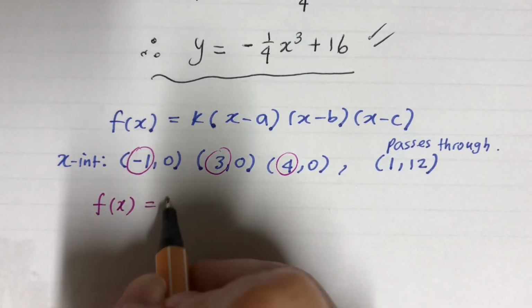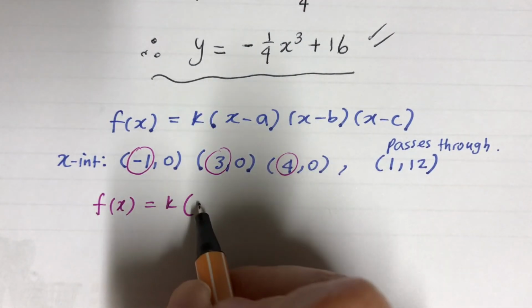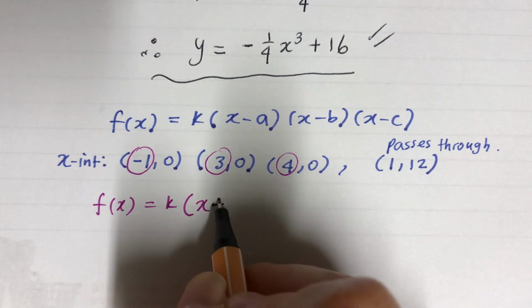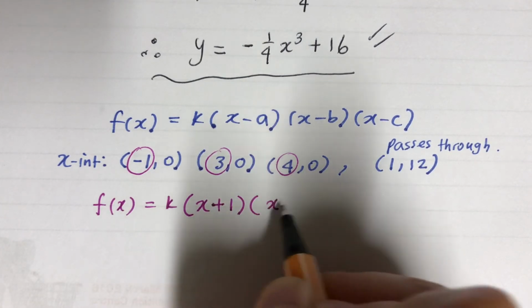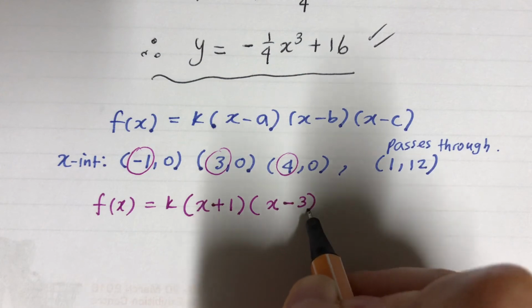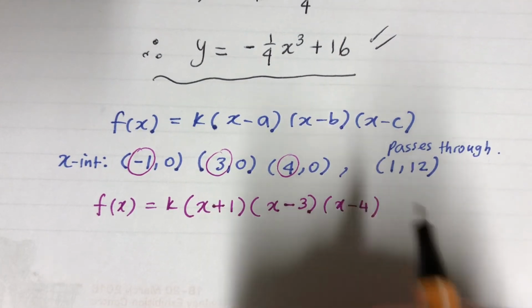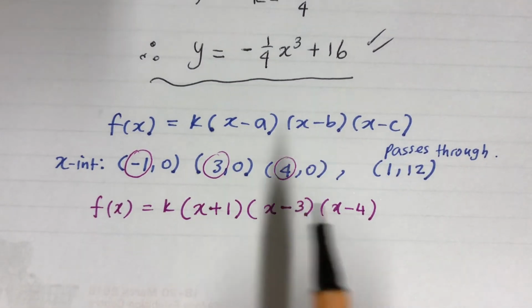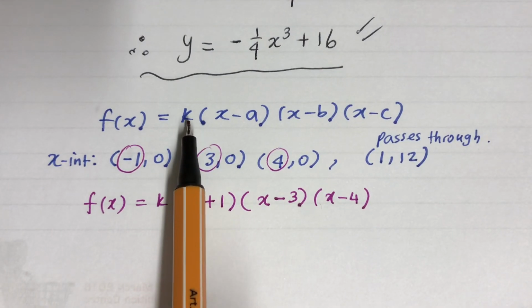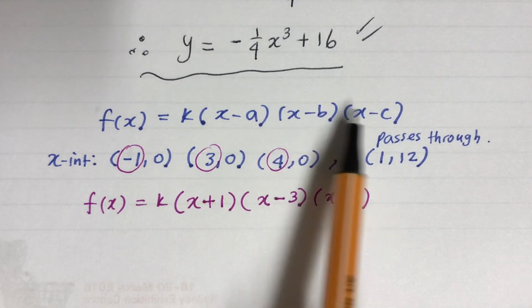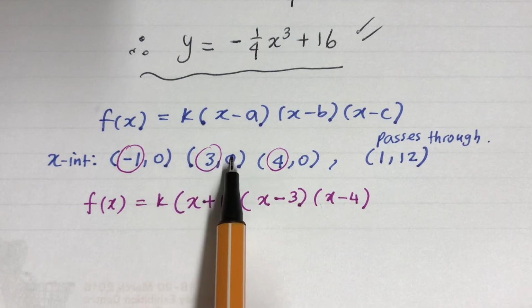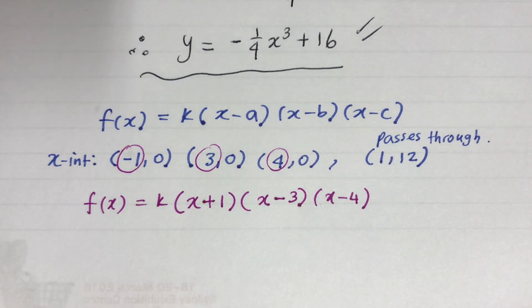So I'm going to go k, x plus 1, x minus 3, x minus 4. Again, it's simple. There are 4 unknowns, and we've got 4 points, so it's easy to do.